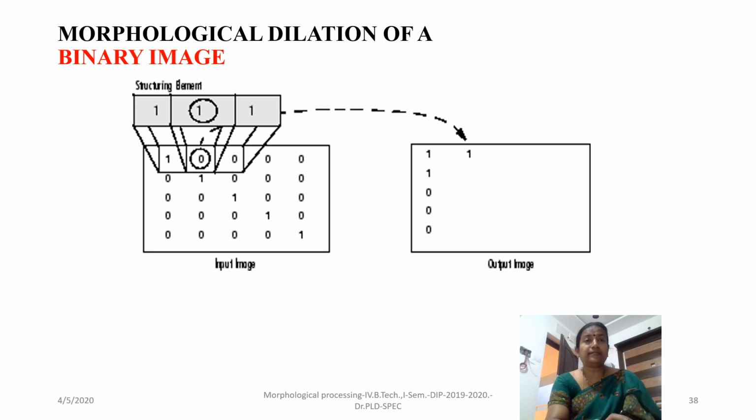The structuring element consists of 111, and whenever we overlap the structuring element over this input image, here 100, the maximum value under the structuring element replaces the center element. That's why the center element gets replaced by the maximum value, 1. In this way, the morphological dilation operation takes place.